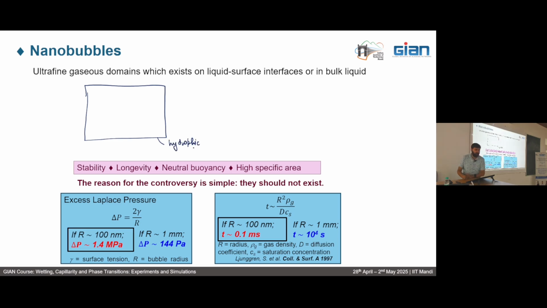Hydrophobic means that it doesn't have affinity to water. So it might happen that if we have a look at the microscopic scale of this surface, there will be a lot of roughness, a lot of troughs and asperities. These might trap some gas molecules, and when we fill in the liquid on top of that, if the liquid is supersaturated, it means that it cannot dissolve any more gas. In that case, we can observe nanobubbles here.